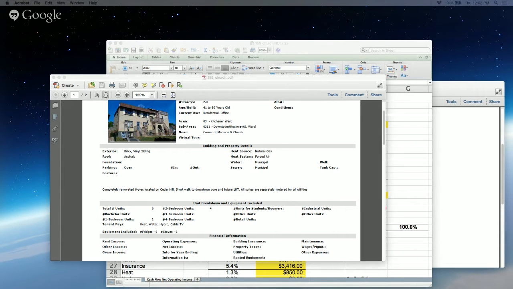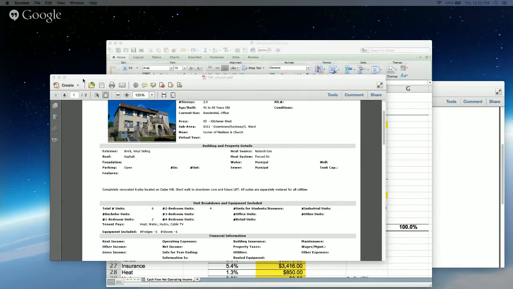Now, I'm not a stock investor, and neither are you guys. So I decided to get really good at analyzing the real estate business and real estate investment properties. So we're going to look at a financial statement and evaluate the profit and loss on a real estate investment property. So this is a listing here.